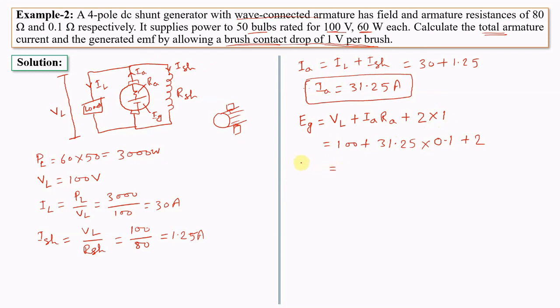So finally the generated EMF will be 105.125 volts. This is the generated EMF of the generator. So this is the second part of the question, the generated EMF of the machine.